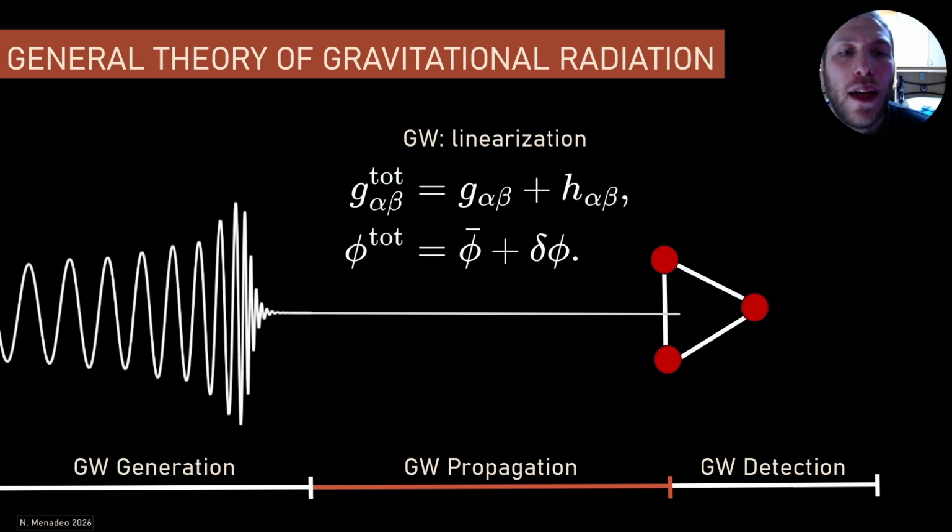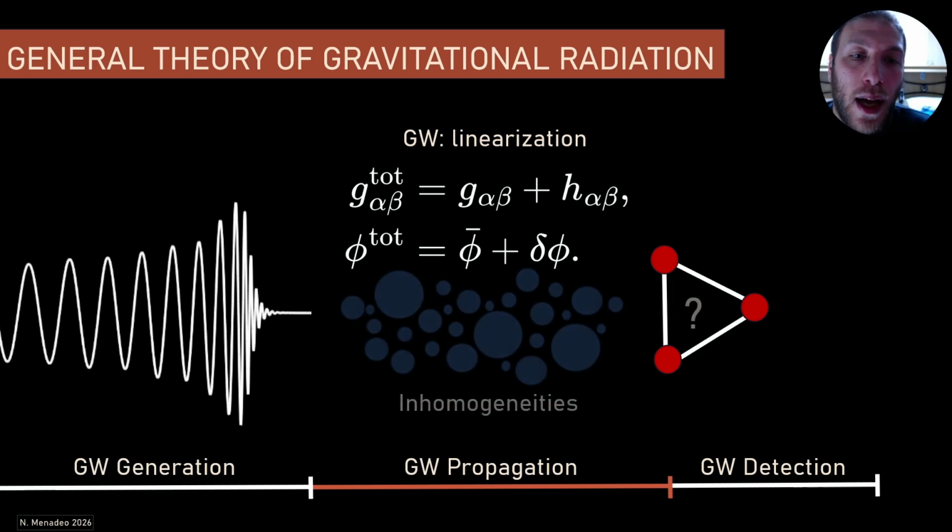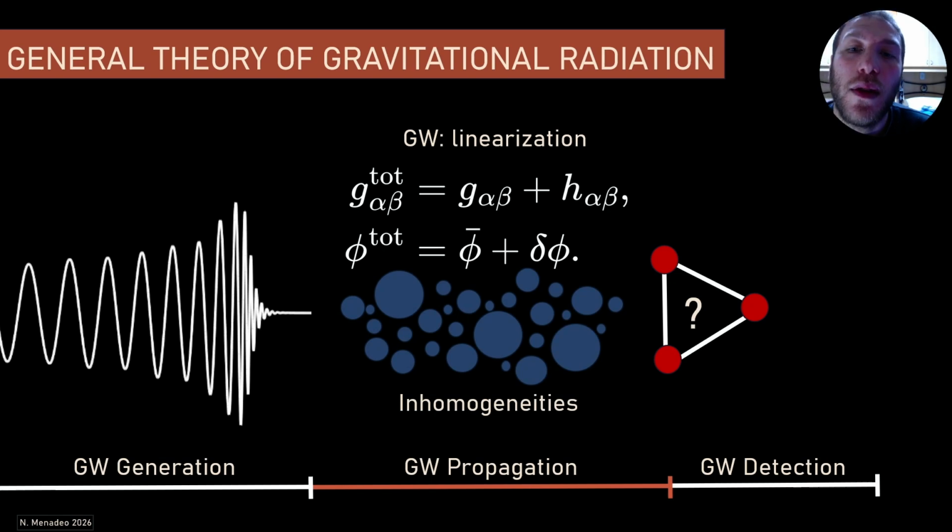Now, if we deal with the cosmological background, for example, the large number of symmetries given by the Friedmann-Robertson-Walker spacetime strongly constrains the form of the propagation equation, making the gravitational wave evolution restricted to very limited scenarios. However, we know that the real universe is not perfectly homogeneous.